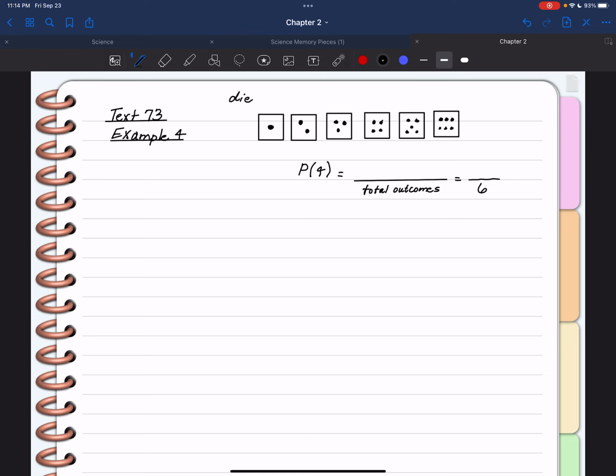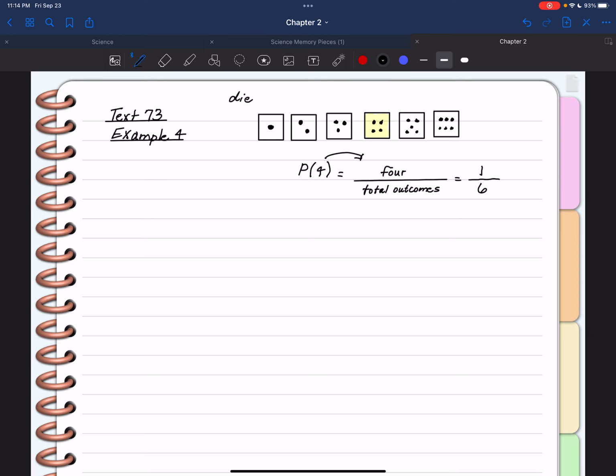Of those 6 outcomes, how many of them are a 4? Well, there's only one. It's right here. You roll one die, you have one chance of getting a 4. Right? So the probability of rolling a 4 is 1 out of 6.